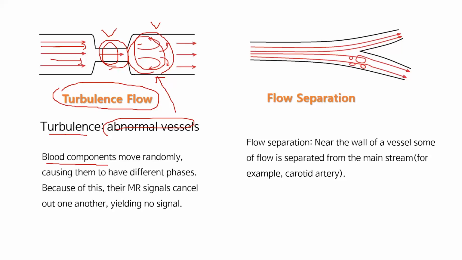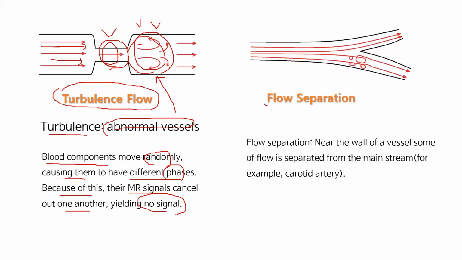Blood components move randomly, so random motion here causes them to have different phases. Because of this, the MR signals cancel out one another, yielding no signal at this turbulence flow.